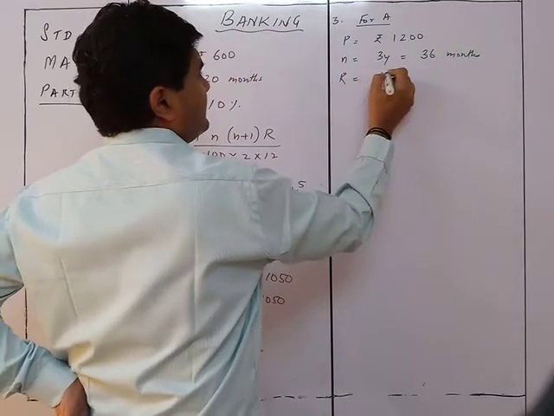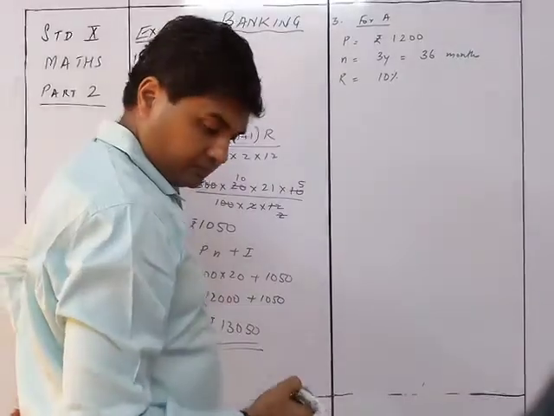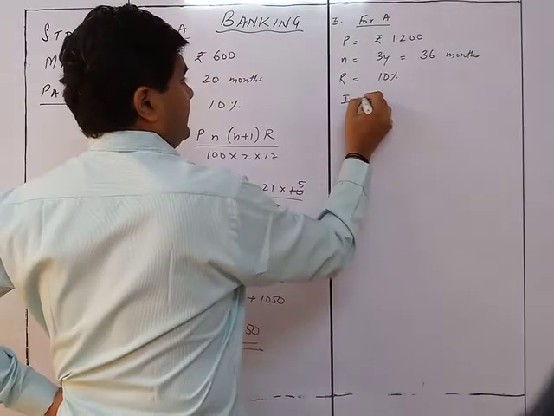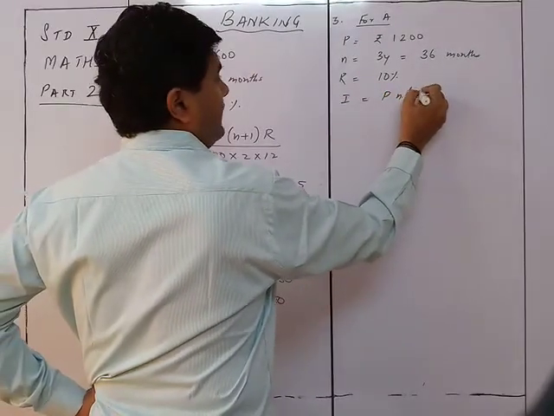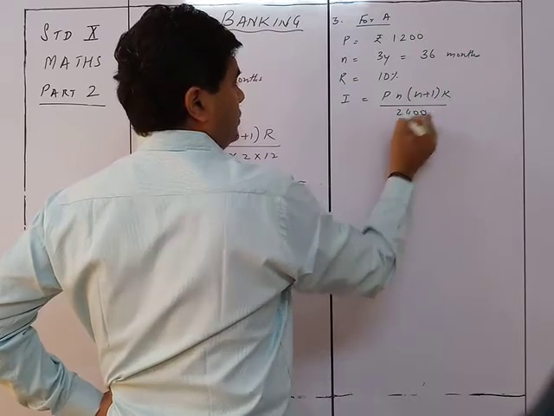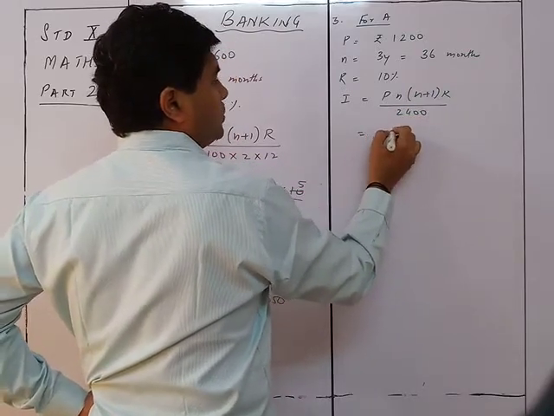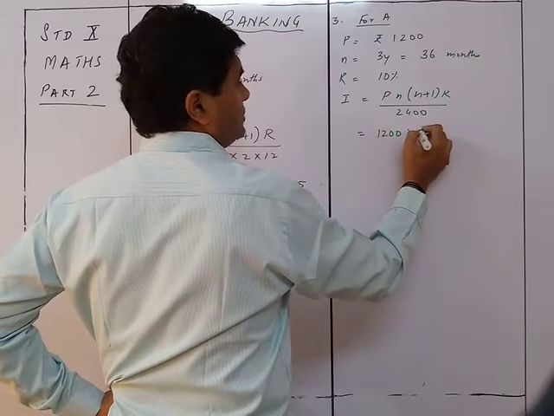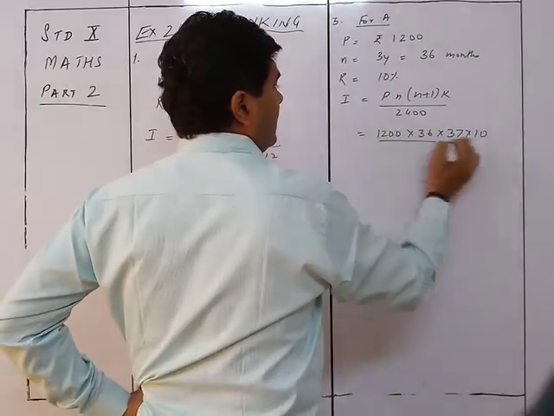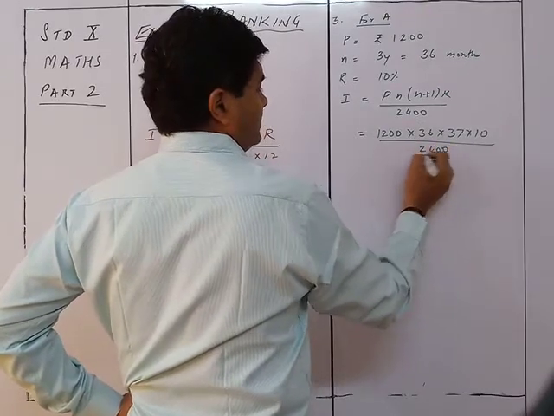Rate of interest is 10%. Accordingly, my I is going to be P into n into (n plus 1) into R upon 2400. That's going to be 1200 into 36 into 37 into 10 upon 2400.